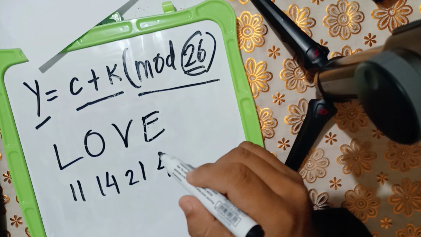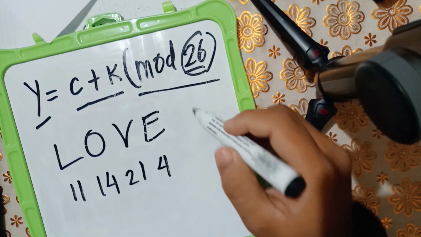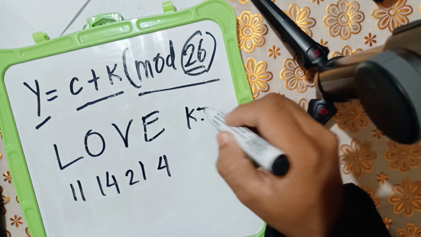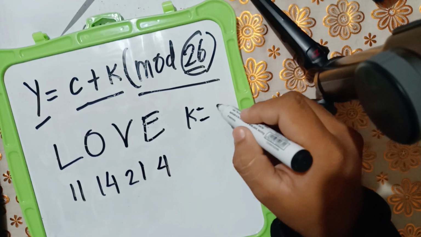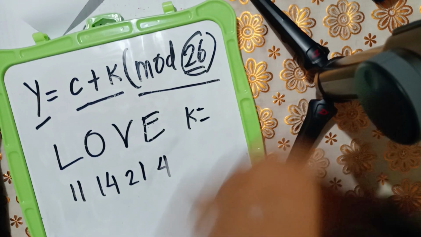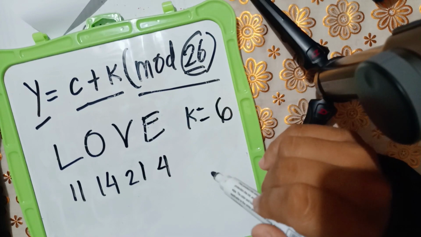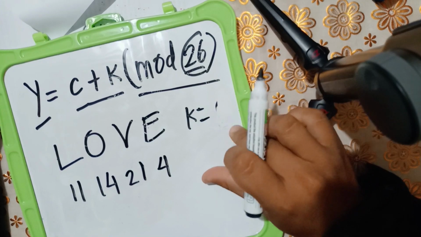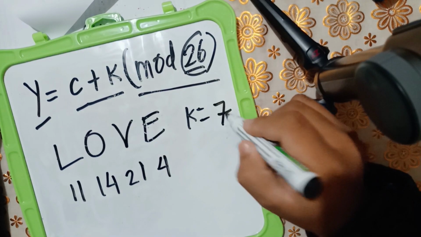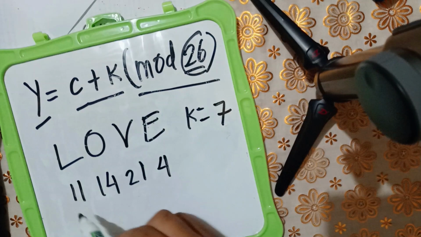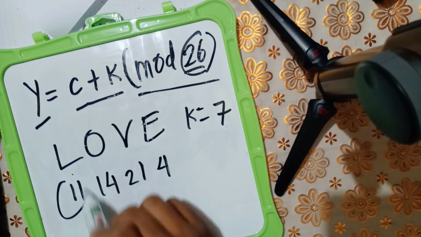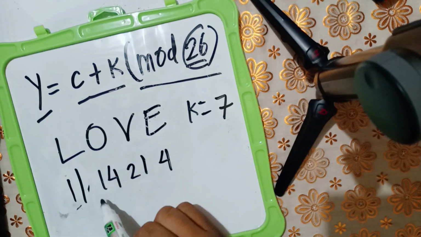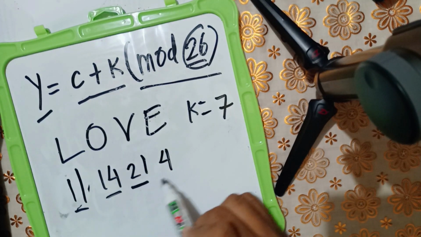So let's say our K is, let's say 7. So again, c plus k. This is our c: the 11, the 14, the 21, and the 4.